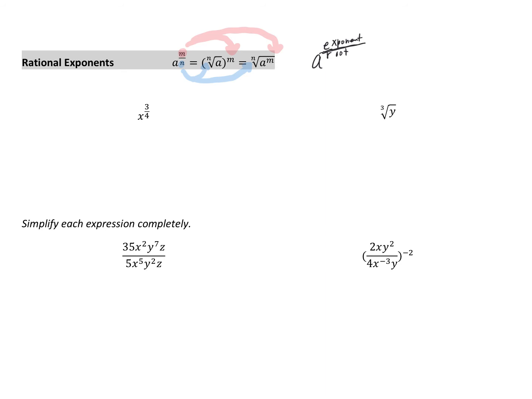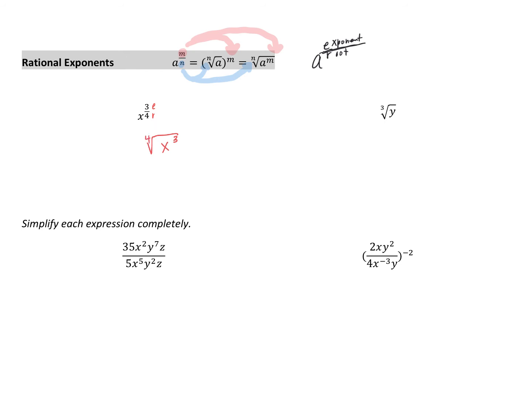So let's look at our examples. X to the 3/4 power. So if we know that x is going to the ER, we know that 3 is going to go in the place of the exponent, and 4 is going to go in the place of the root or the index. So the base is always going to be what's under the radical. So I can start by drawing the radical and putting my base under there. The exponent is 3, so I can put the 3, and then the root is 4. So I can put that there.